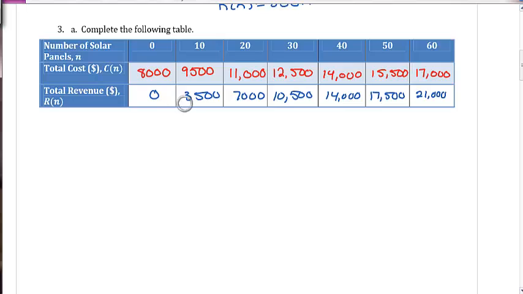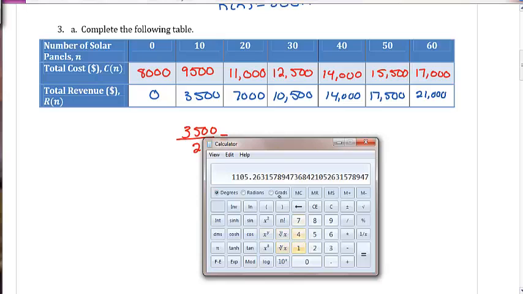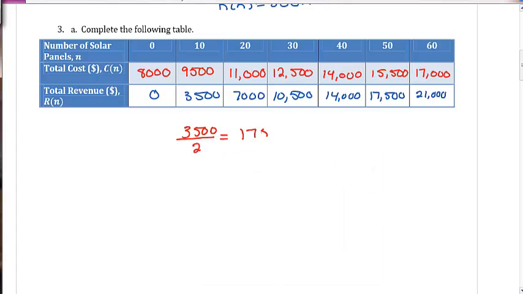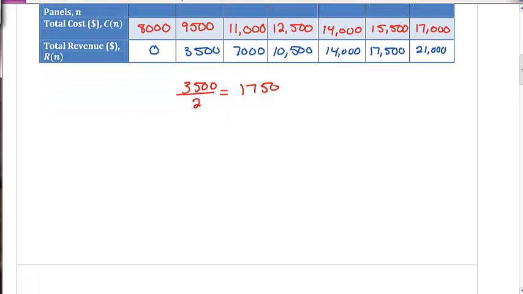And up here we went up by 3,500 each time. So if I divide that by 2, what would I get? And is it bigger than this? So 3,500 divided by 2 gives me 1,750. So I'm going to go up by 1,750 or 3,500 every other tick mark.